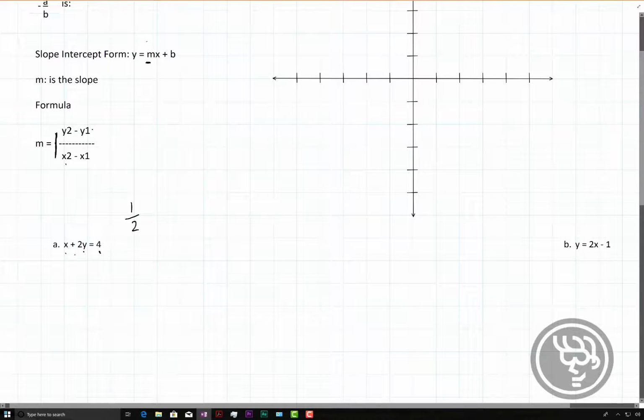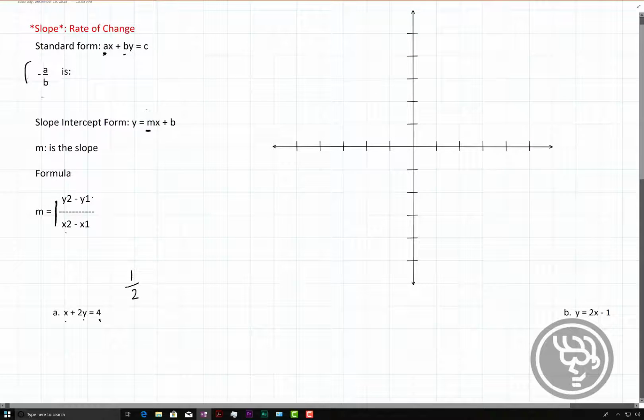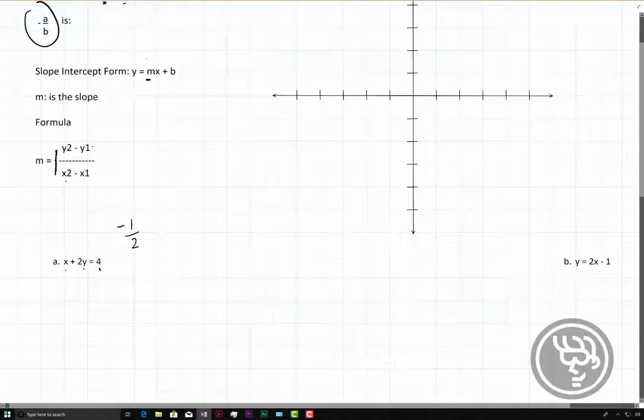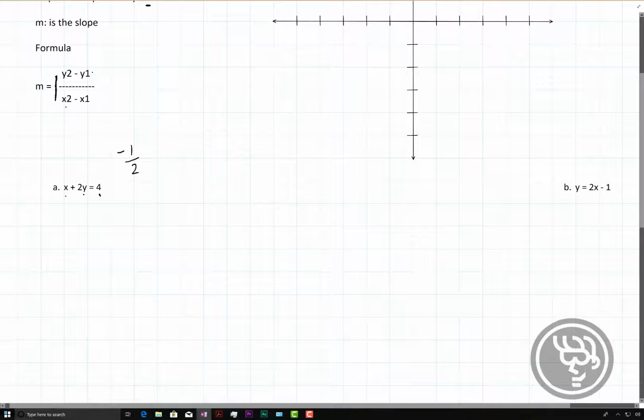The reason it's 1 is because even if you don't see a number in front of your x or your variable, the number it's representing is a 1. And if you look back at our formula of negative a over b, this becomes negative 1 over 2. That's my slope.